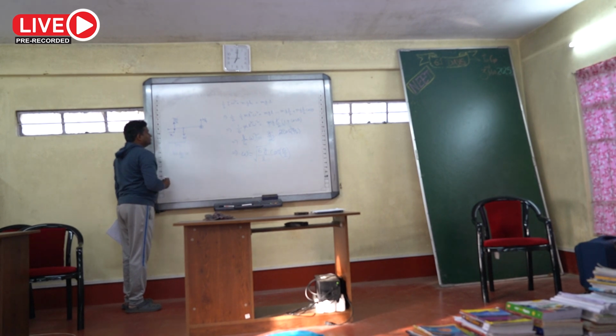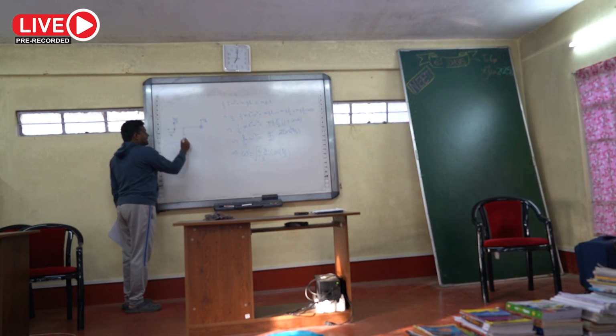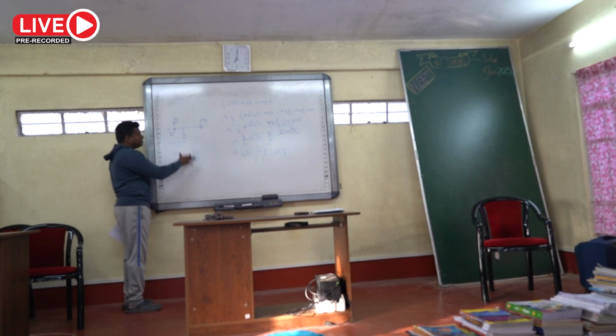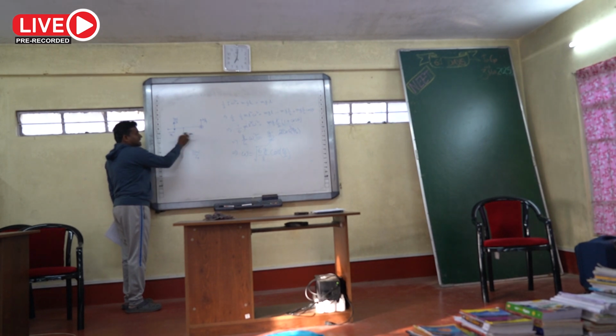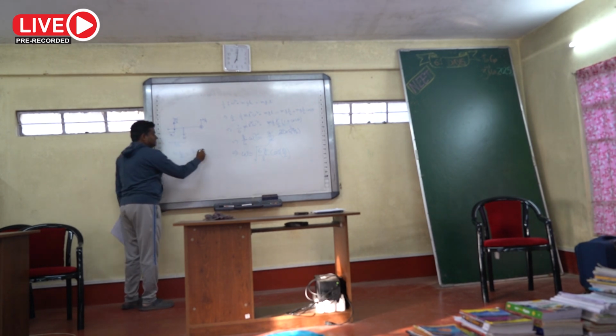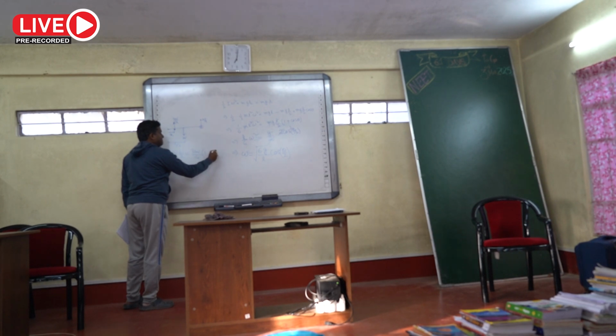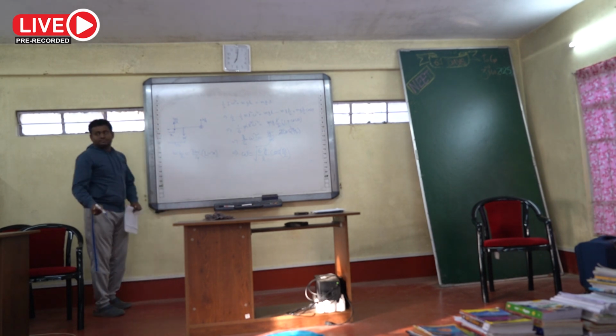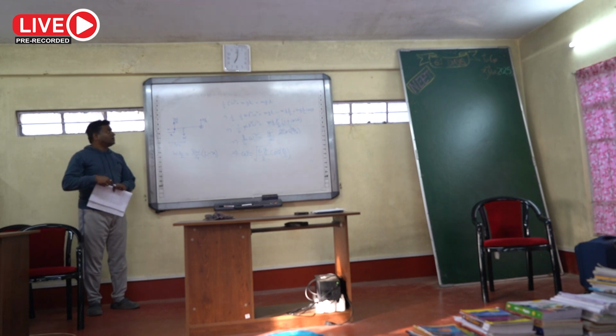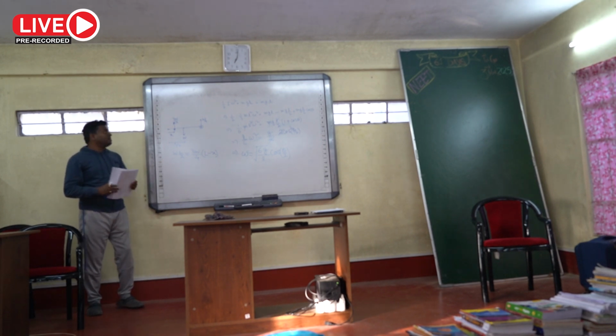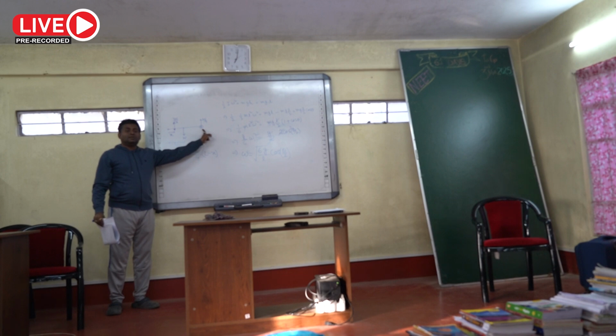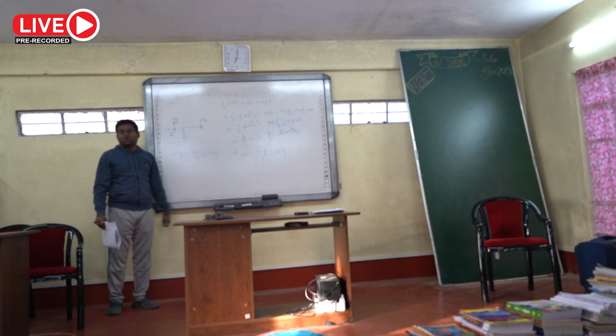This is equal to the load carried by the other person, 3W by 4, into the distance from this point, L minus X. And the torque due to W by 4 is cancelled because we choose this point, so the line of action of W by 4 passes through this point and produces no torque.